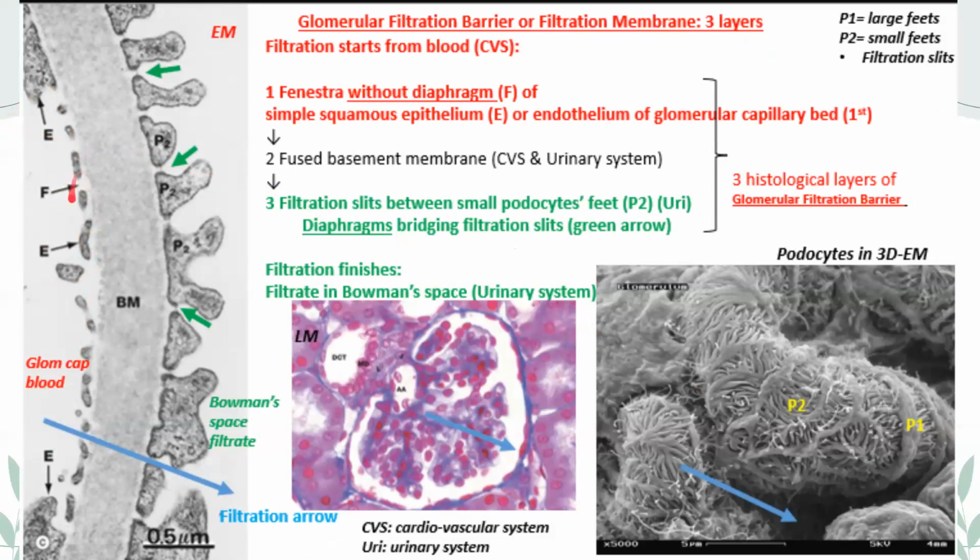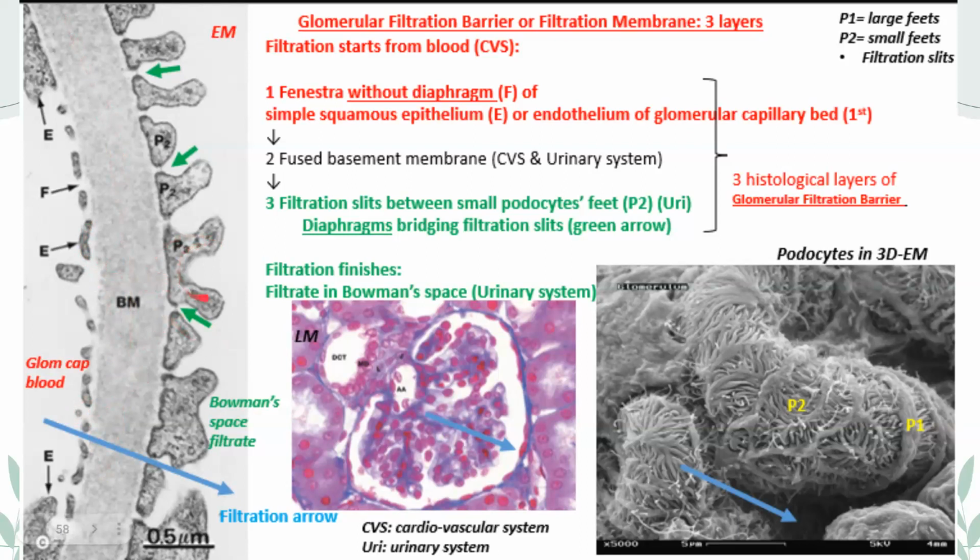This F is without a diaphragm. Why is this important? Because there's another F that has a diaphragm, which we'll talk about in a bit. So we have the endothelial cells, simple squamous epithelium. Then the basement membrane: half of it is for the endothelium, and the other half is for the Bowman's capsule. Their basement membranes have fused together.